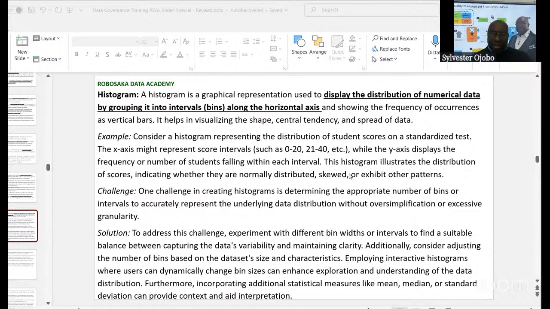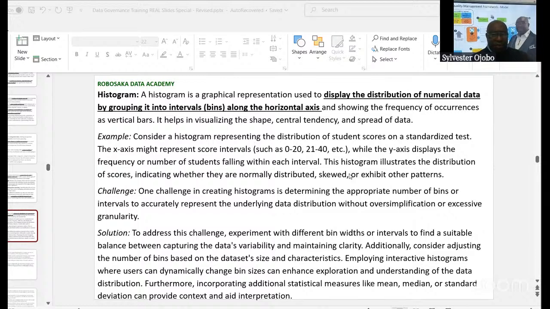So to address the challenge, of course, experiment with different bin widths and intervals to find a suitable balance between capturing the data variability and also maintaining clarity. Whatever we're having right now as a challenge or solution has been explained using bar charts the other time.